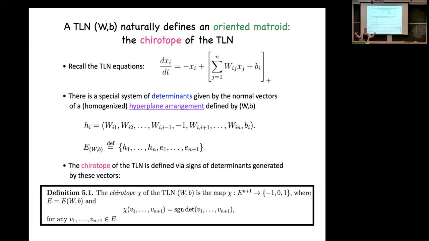So I have some larger number of vectors. I take subsets of n plus 1 of them in this case, because I have this homogenized setting. So n plus 1 is the dimension of my ambient space. And for every subset of n plus 1 vectors, I have a determinant and I have a sign. Of course, they're ordered, so if you switch their order, you're going to flip the sign and so on. And this map has to satisfy a lot of properties that the determinant has.